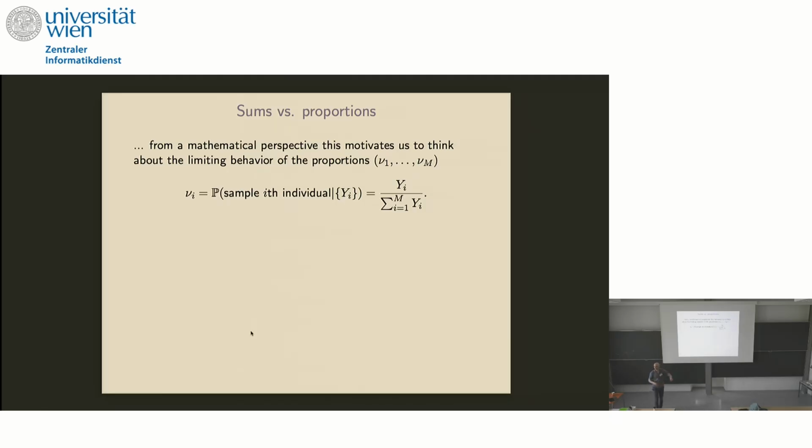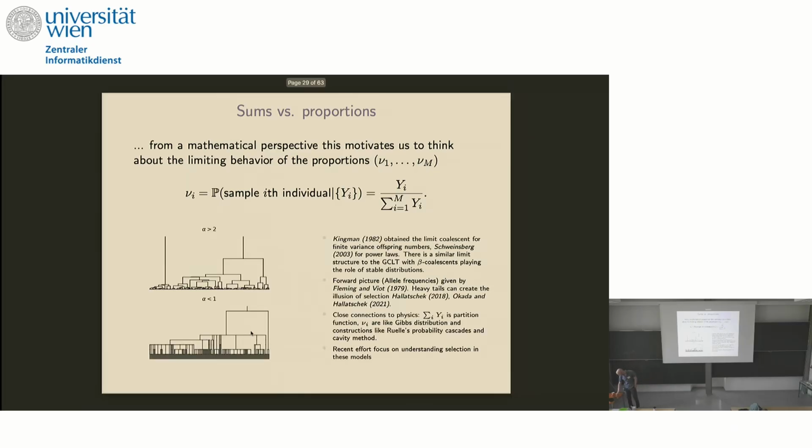These problems I'm mentioning are actually about the ratios of the power law distributed variables to the sum, because at each generation you're producing power law distributed offspring sizes, and then you're sampling them. So what you really care about is the fraction of the pool that each individual contributes. That's a different mathematics, though also very closely related.